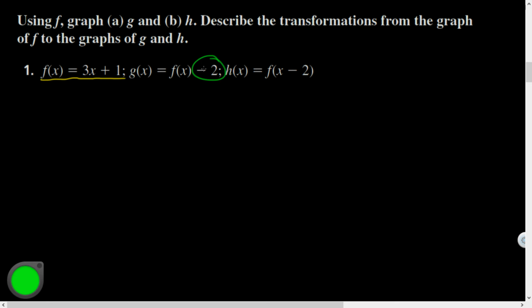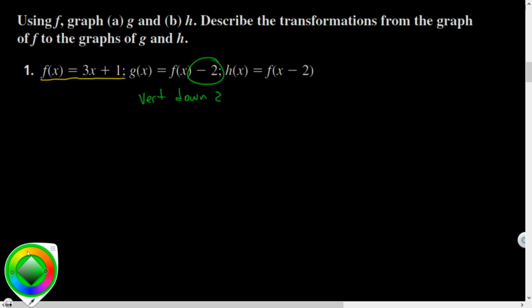What do you think minusing 2 on the outside does? Which way does that shift that? Up, down, left, right. Yeah, that's a vertical shift, so that's vertically down by 2, okay? Whereas if I have x minus 2 on the inside of parentheses, it's going to shift it in the opposite direction that I would expect.